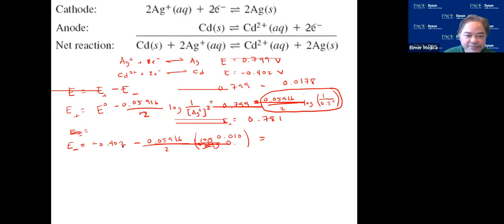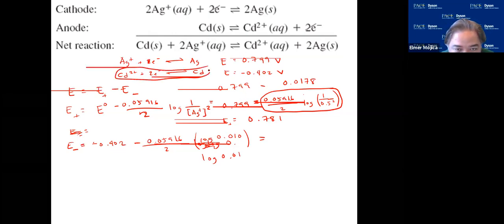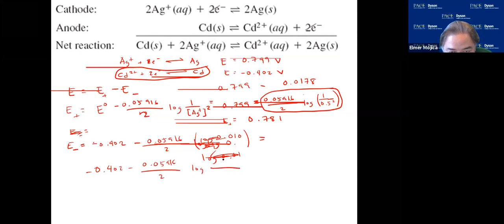What do you get on this side? Is this correct? I think you have to do it like this one. So that means I'm wrong here. So if I'm going to do it 0.402 minus 0.05916 over 2, so everything is in the reduction form. So this is my mistake. So it should be like this.